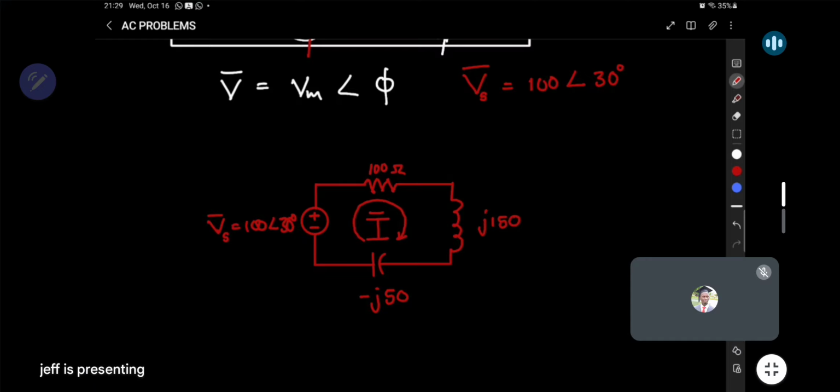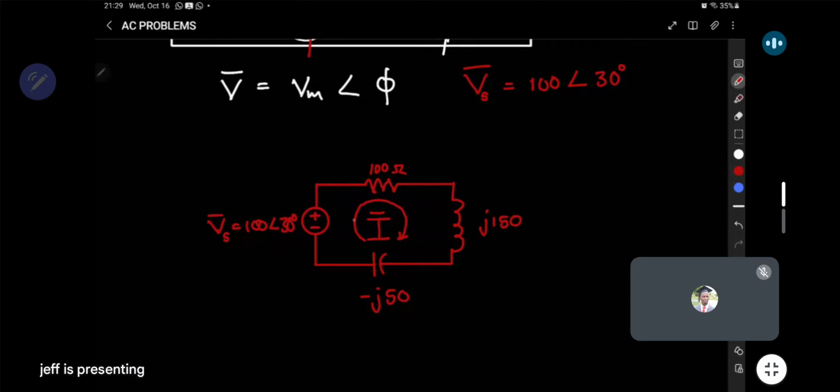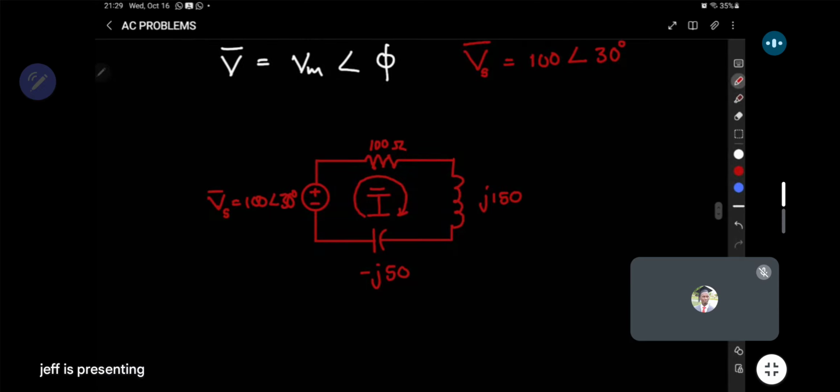For this case, since we just want to find the current through all the components, we can easily get that current using Kirchhoff's voltage law, or we can even call it mesh analysis here. It's completely up to you which way you want to look at it.